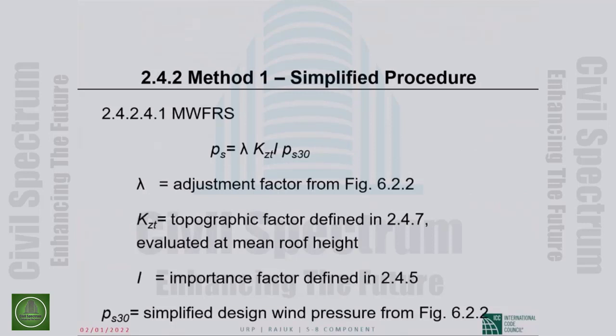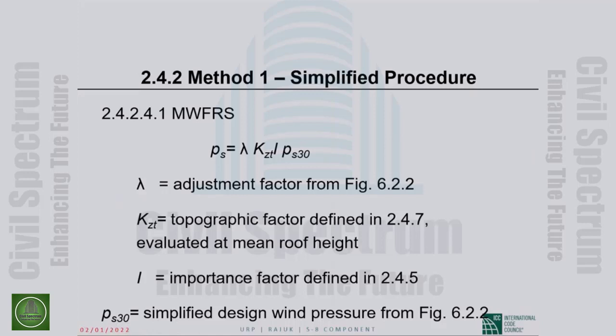In this method, the design pressure or suction, as the case may be, is the pressure that is given to you in tables, PS30, and that has to be multiplied by the I factor, the importance factor.